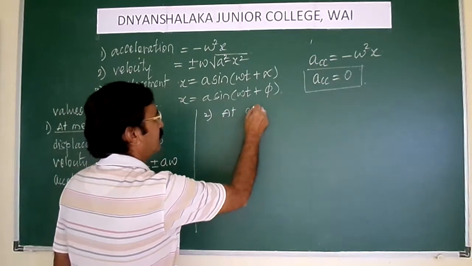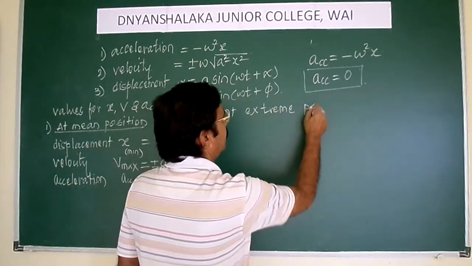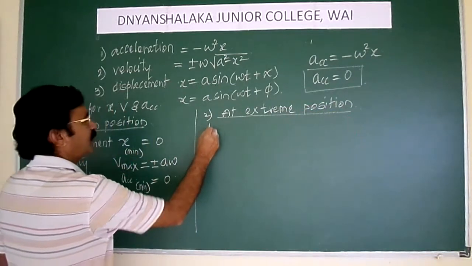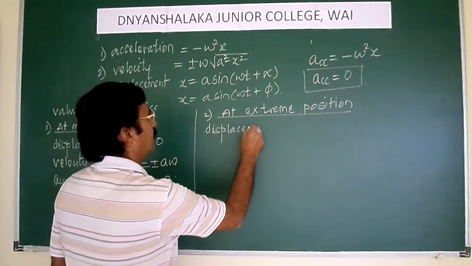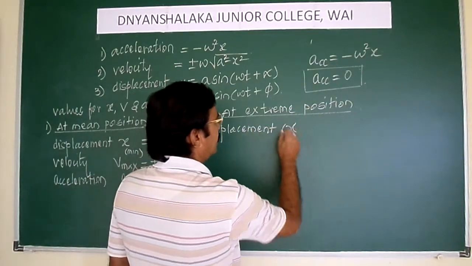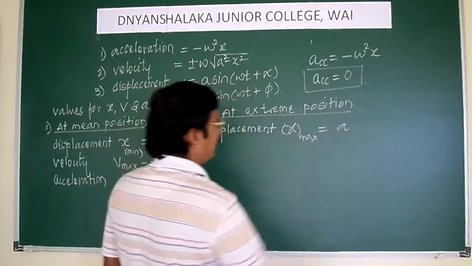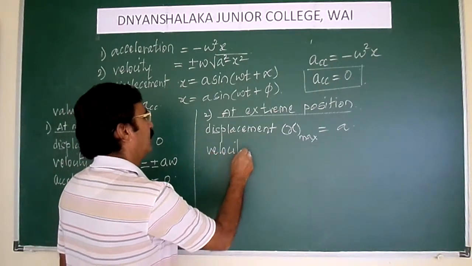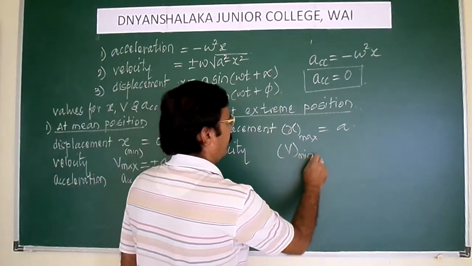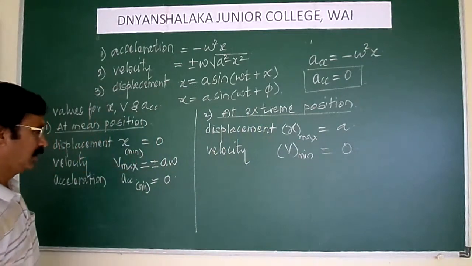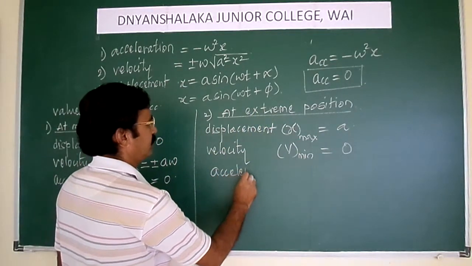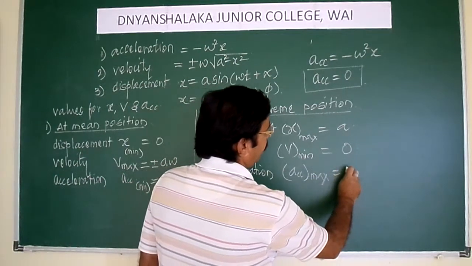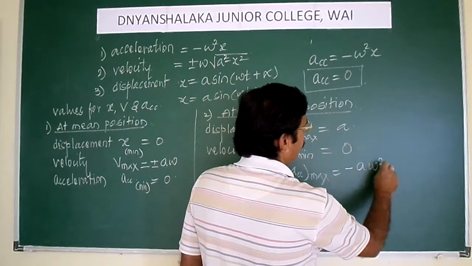At extreme position, displacement x max is equal to a, that is the amplitude, velocity v minimum is 0, and acceleration max is minus a omega square.